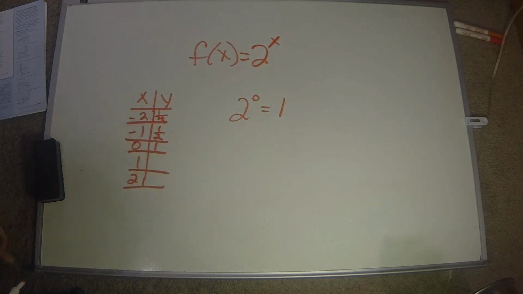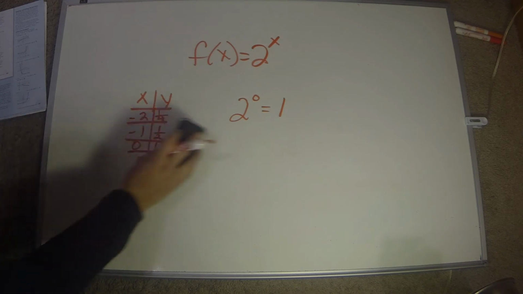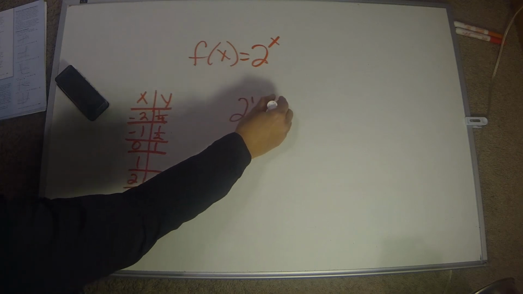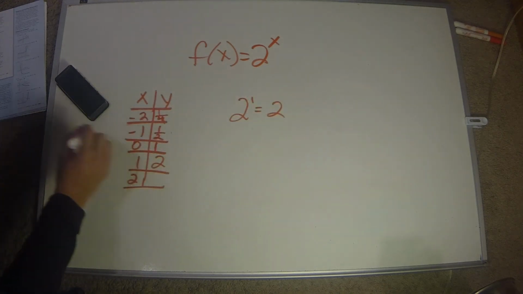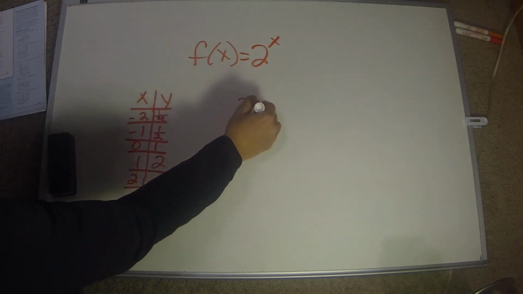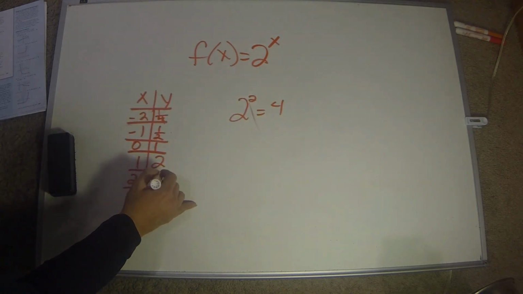So it doesn't matter what it is, whether it's 1,000,000 or whether you have a ton of variables in it, anything to the 0 power is just that 1. 2 to the 1 is 2. And 2 to the 2nd power is 4.